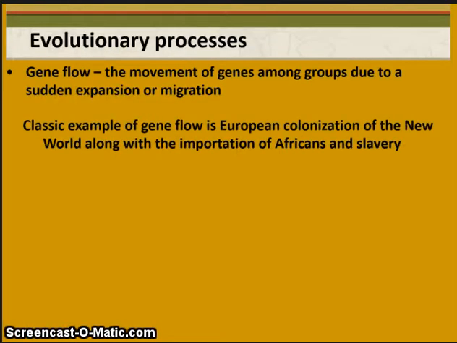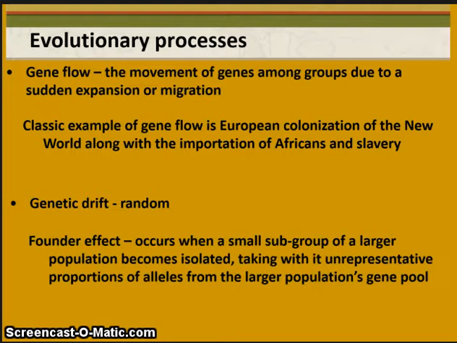Just to review evolutionary processes, we have gene flow, which is a movement of genes among populations in groups due to a sudden expansion or migration. So a classic example of this is European colonization of the New World and the importation of Africans. So it started mixing genetic genotypes from Europe, the Americas, and also Africa. We also have genetic drift, which is a more random process.